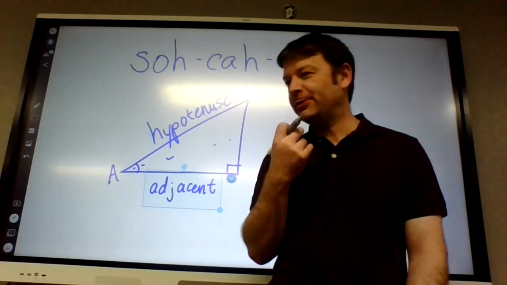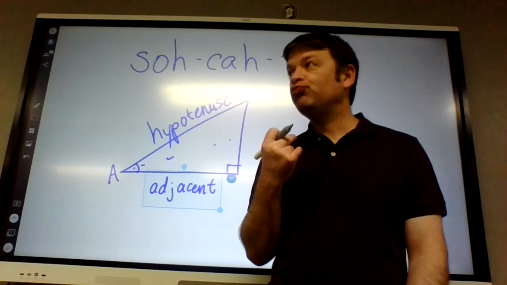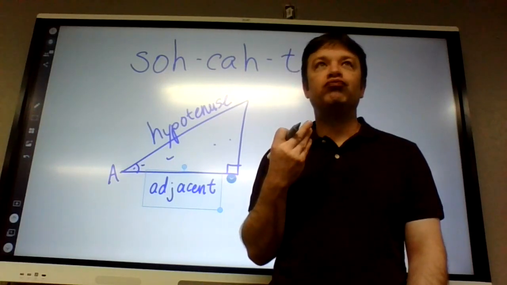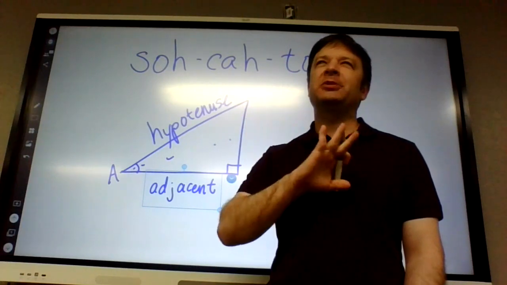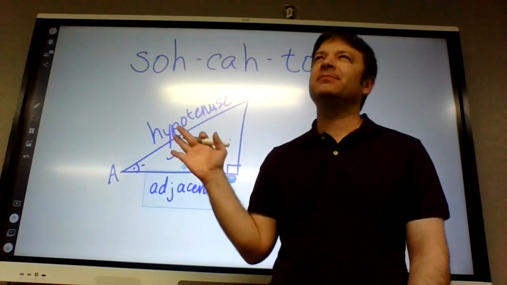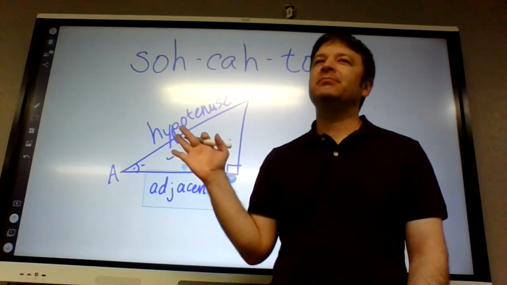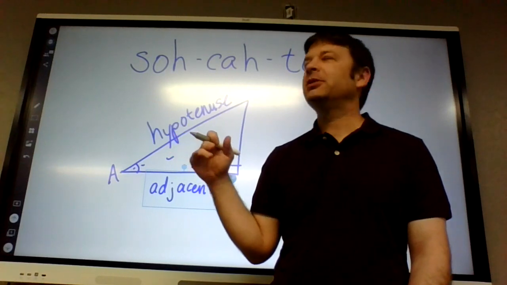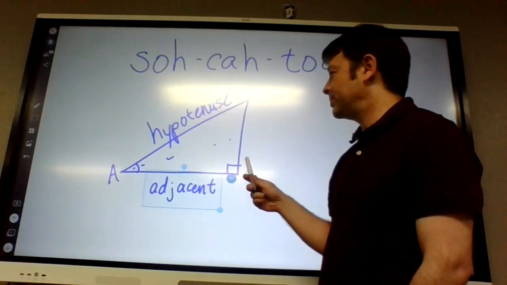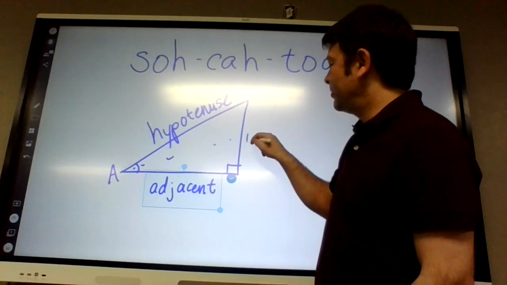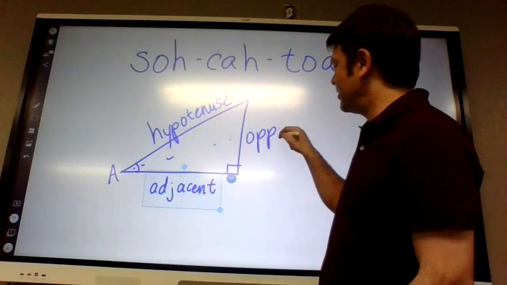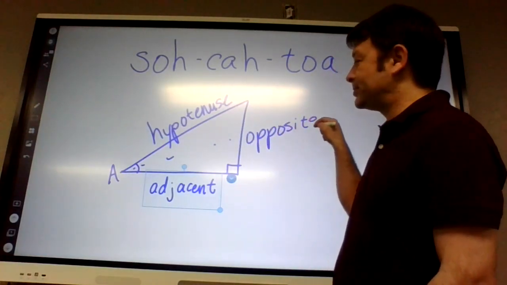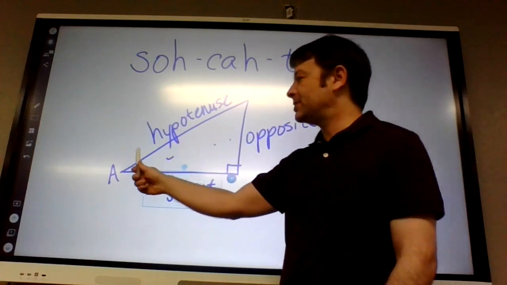So anyway, the one that's across the street from is called the opposite. The one that's far away is called the opposite. This side is opposite this angle.